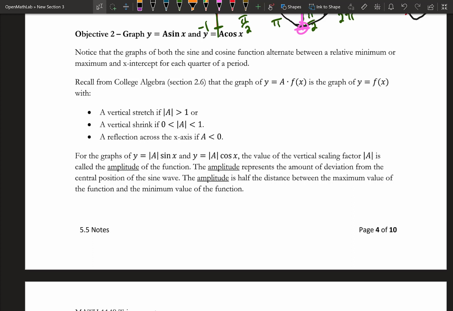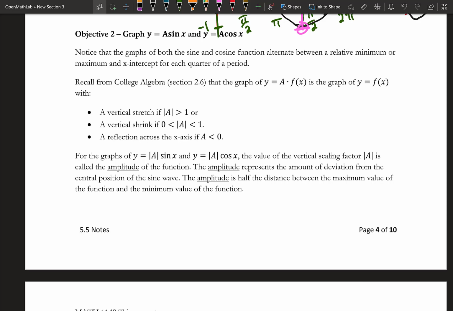So objective 2 is, we looked at just graphing sine x and cosine x, so now we're adding another part. What if we have some constant a being multiplied in front of the trig function? Notice that the graphs of both the sine and cosine function alternate between a relative minimum or maximum and x-intercept for each quarter of a period.